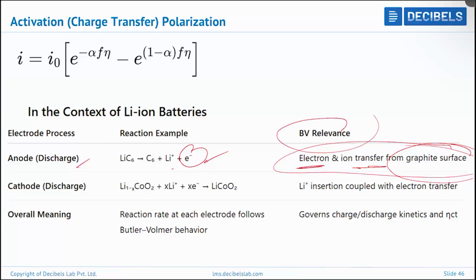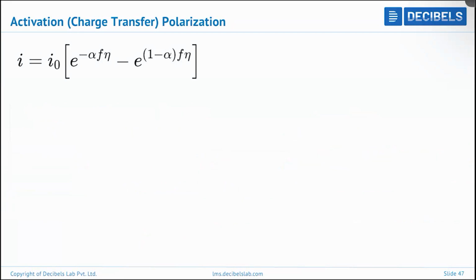That can be understood by the Butler-Volmer equation. Similarly at the cathode, the lithium ion intercalation and deintercalation at the cathode electrode. Overall, the reaction rate at each electrode follows the Butler-Volmer equation, which covers both charge and discharge kinetics and the charge transfer overpotential.